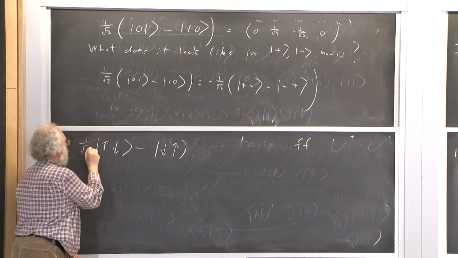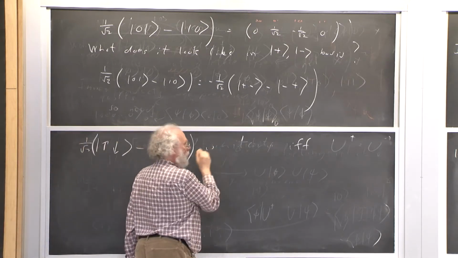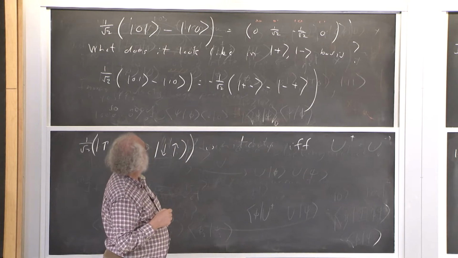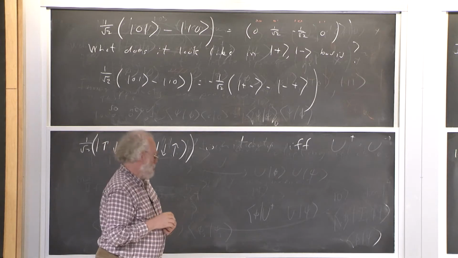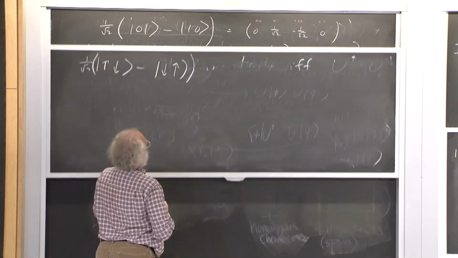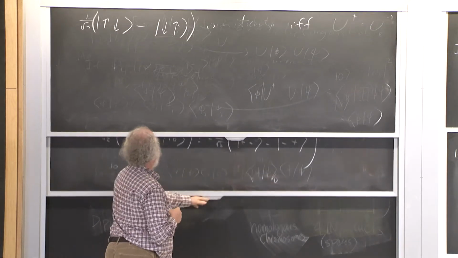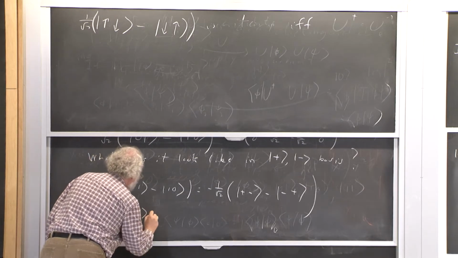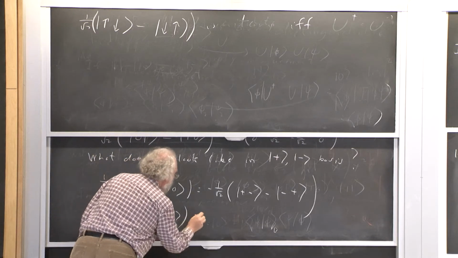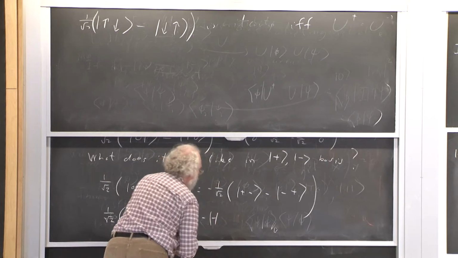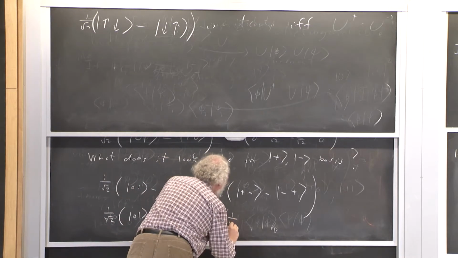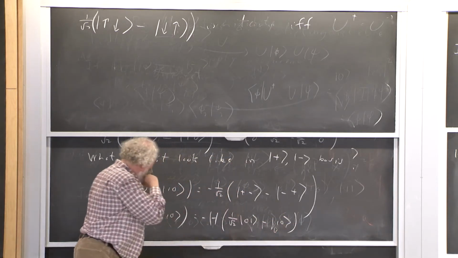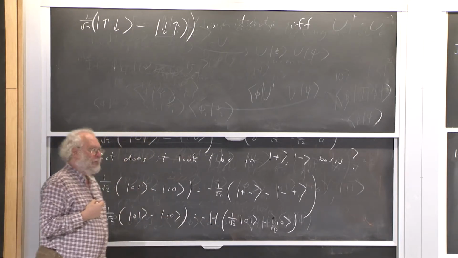Okay, so shouldn't that equality be written with the Hadamard in front? No, because 0,1 minus 1,0 is equal to Hadamard tensor Hadamard times 1 over root 2 (0,1 minus 1,0). So this is certainly true.